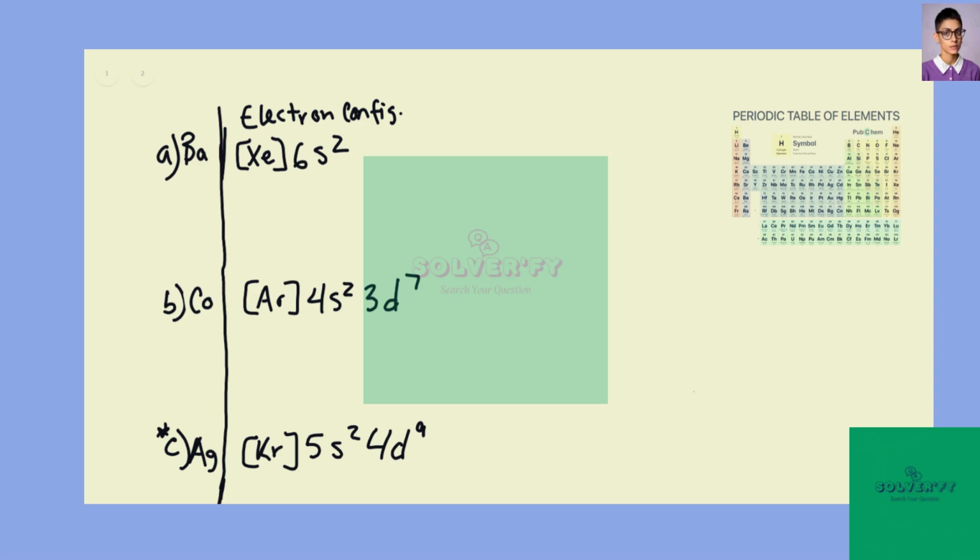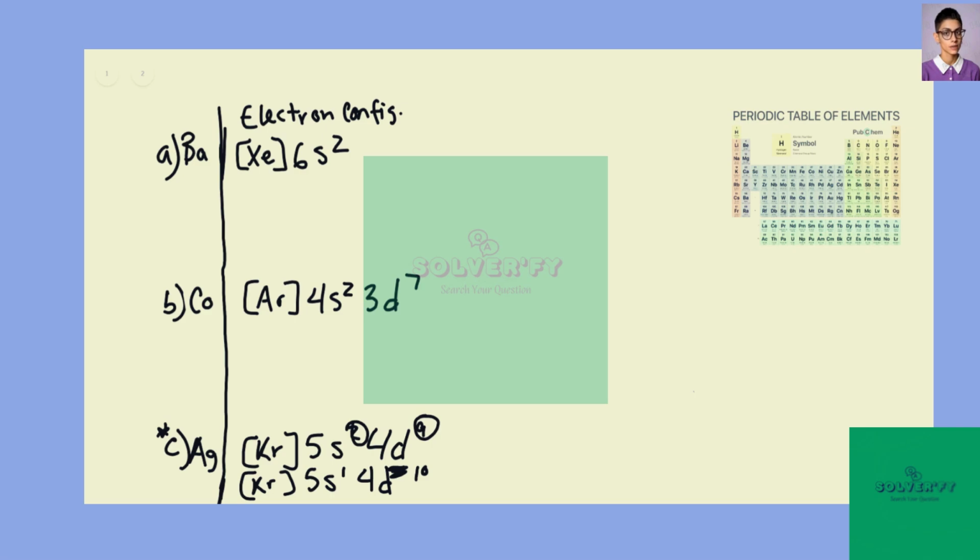Now, because the D block is so close to being filled, it will steal an electron from the filled and paired 5s2 in order to be completely filled. And it's actually krypton 5s1 4d10.